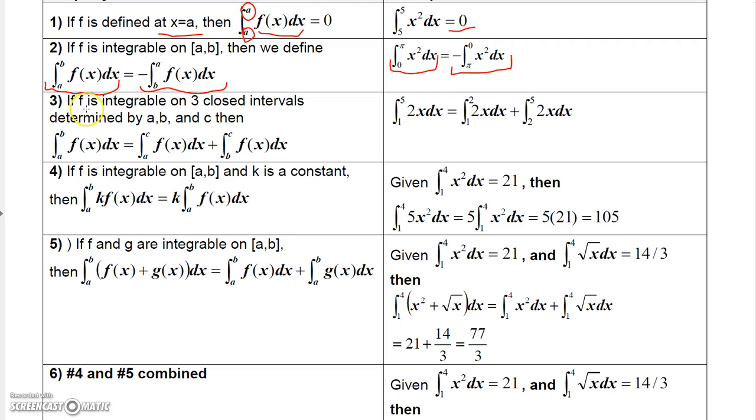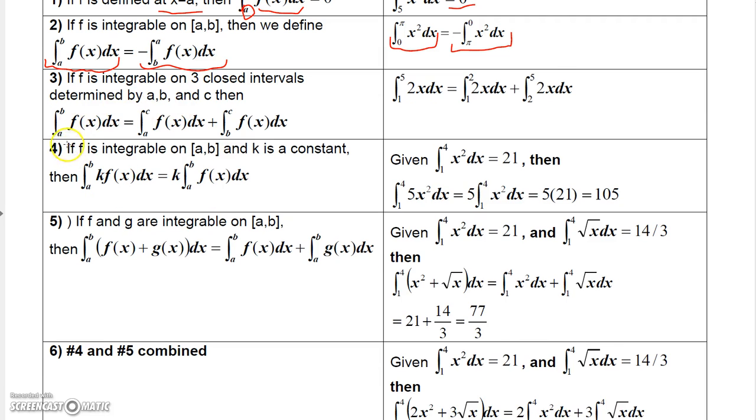And then if f is integrable on the three closed intervals determined by a, b, and c, then it turns out that if you integrate a function from a to b, you can pick any number c on the real line, and you can break this up into two integrals.